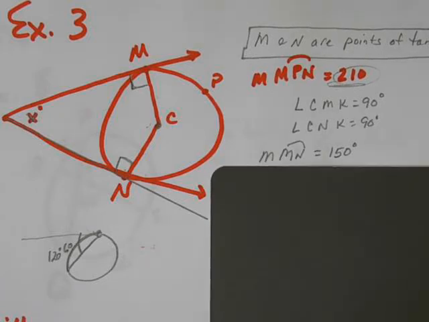How do we get that the measure of arc MN, Lance, is equal to 150? Because it is, but why? We're using 210.